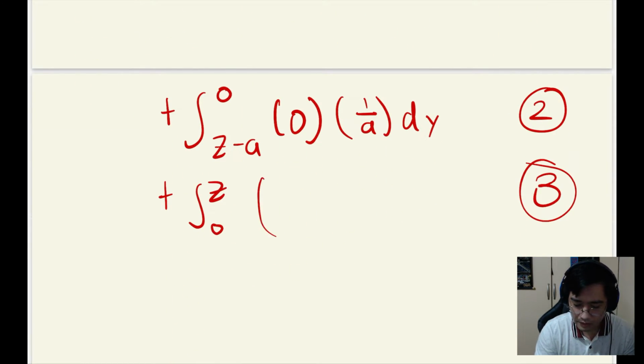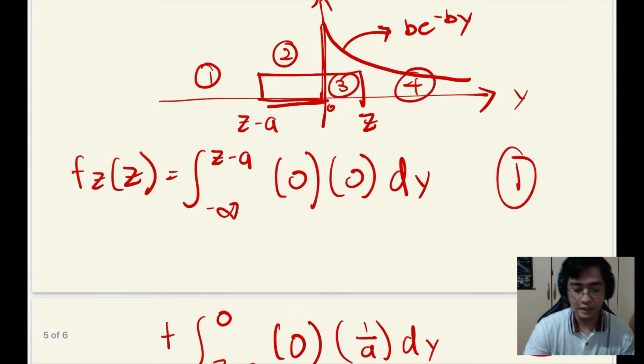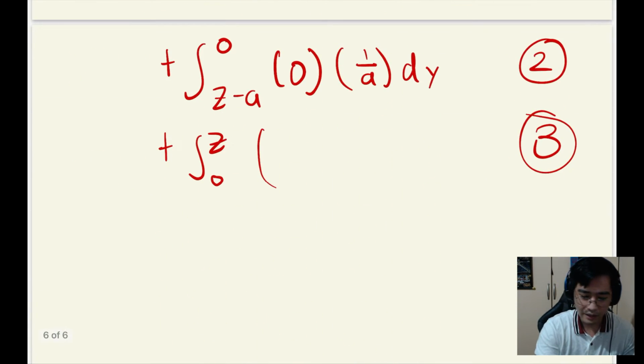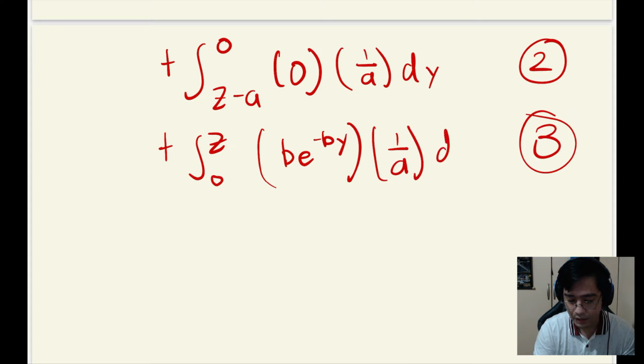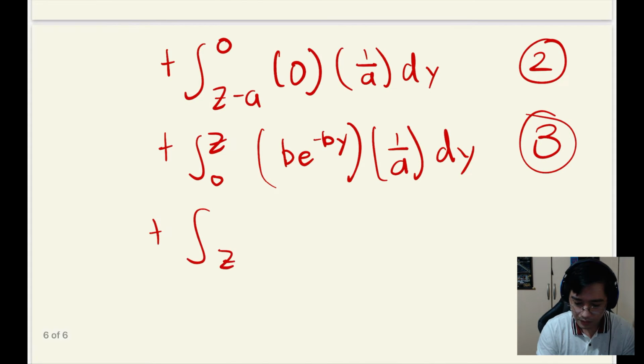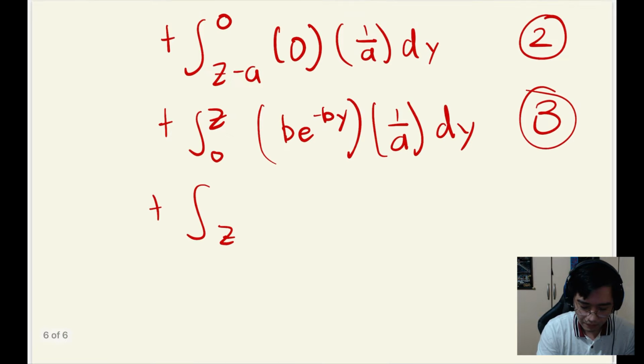And we know that the value of the function of y at this region is this exponential value, which is expressed as b times e to the negative by, multiplied by 1 over a dy. And for completion, we just integrate also from region 4, from z to infinity.